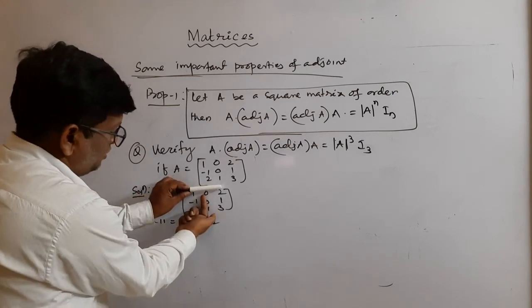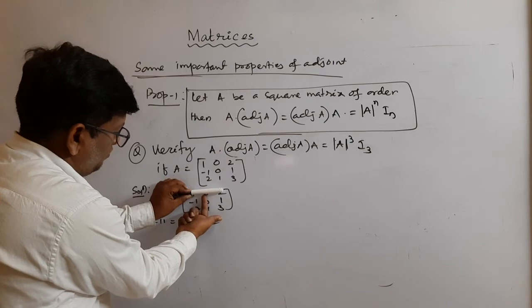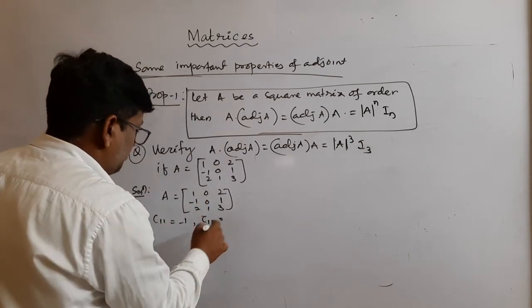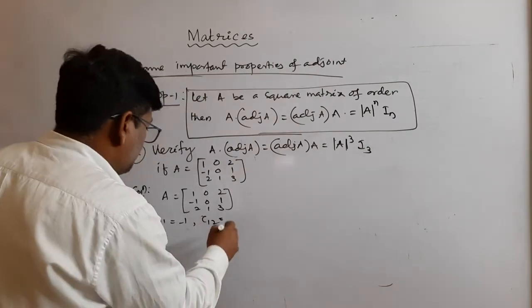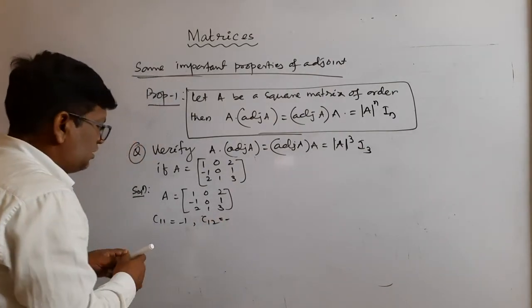Then C12: cover the first row and second column. Since 1 plus 2 is odd, put a minus sign here.